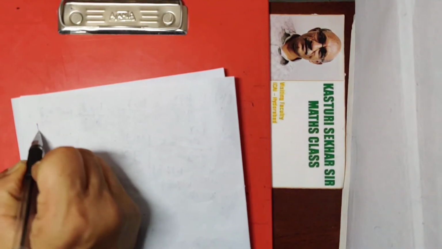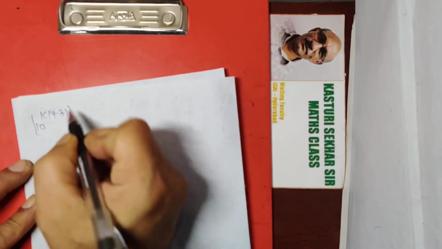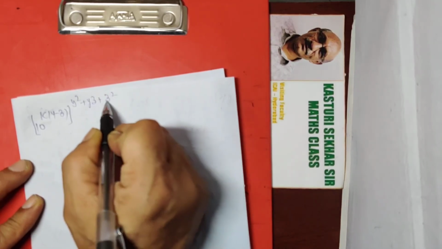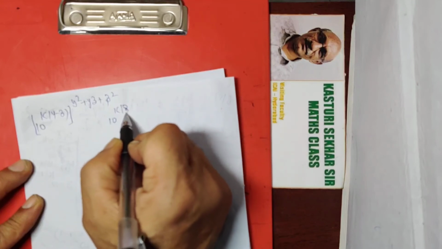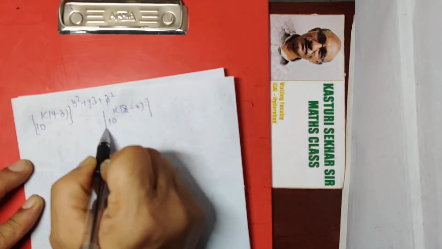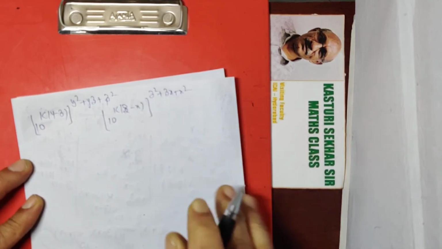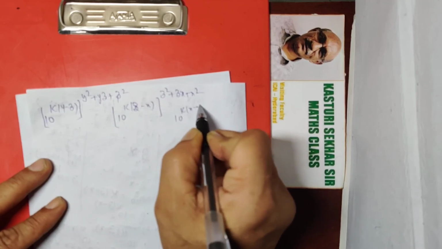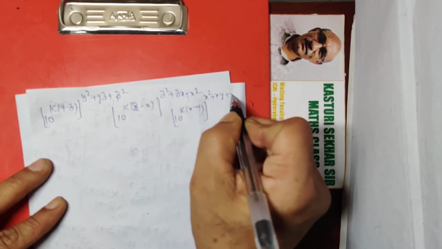One more time, let me write the previous steps, sir. 10 to the power of k into y minus z, whole to the power y square plus yz plus z square. 10 to the power of k into z minus x, whole to the power z square plus zx plus x square. 10 to the power of k into x minus y, whole to the power x square plus xy plus y square.